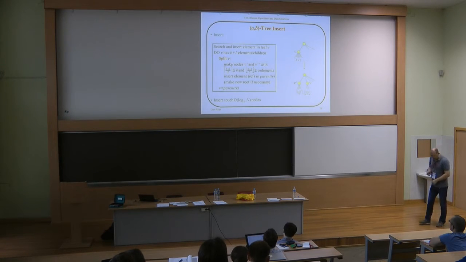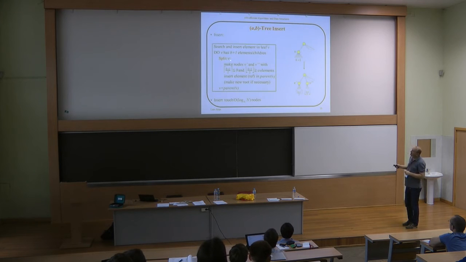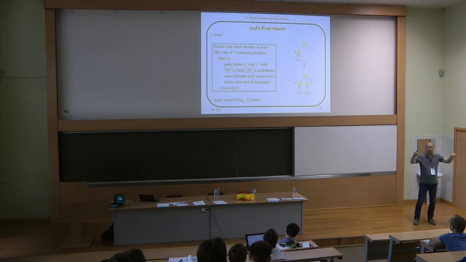Now, what happens if I put an element here, for instance, in a leaf that already has the maximum number of elements? There's no room for it. So what do I do? Well, I want to split the leaf into two. And this can actually then recurse up the tree.